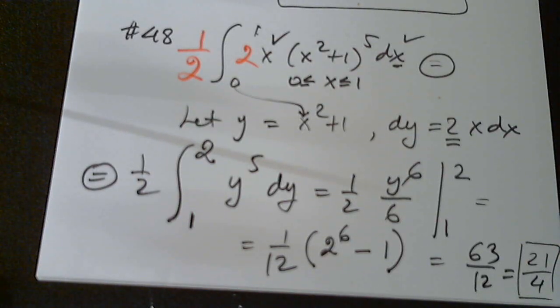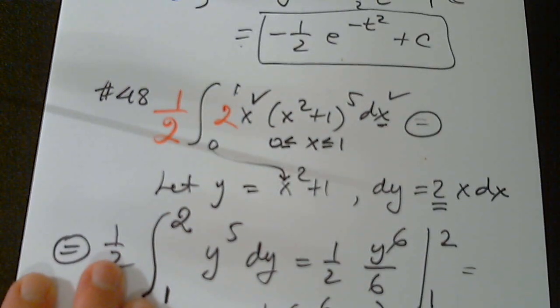So x squared plus 1, close, power 5, and then dx. Okay, so be very careful how you enter it. When I enter it, the answer is 21 over 4, so it will be 5.25, 21 over 4. Okay, so careful how you enter it.